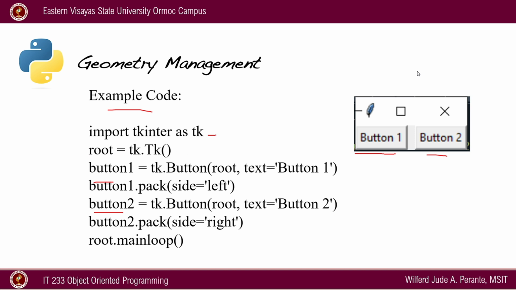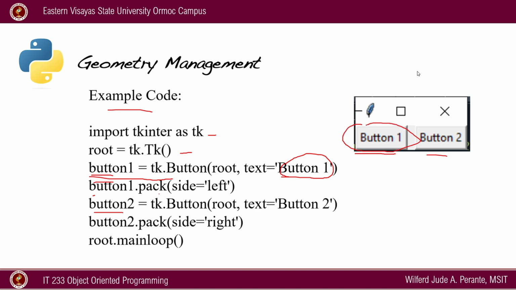So let's now discuss our simple code around here. Again, we import our Tkinter library and we initialize our main window. And for button 1, we create a button which is labeled button 1. On this command, button1.pack, it places our button 1 on the left side of the window.